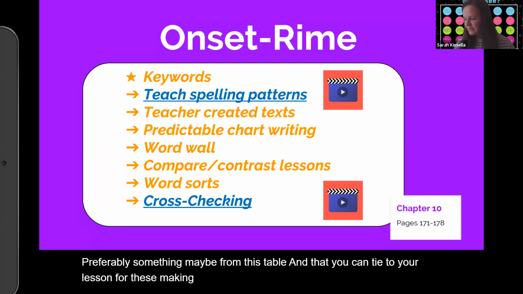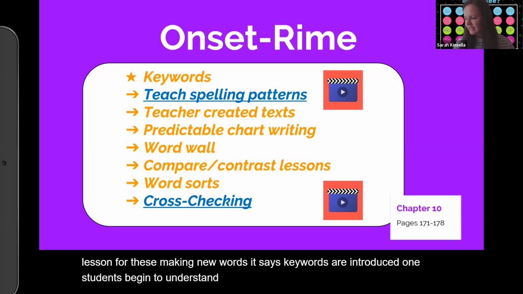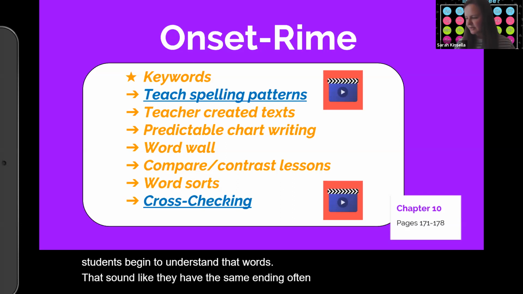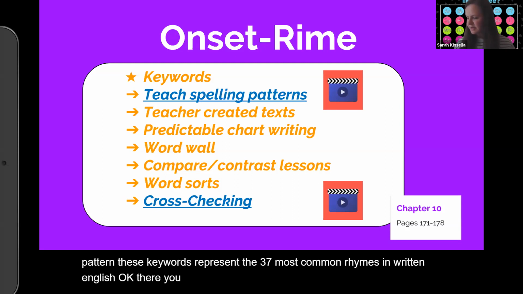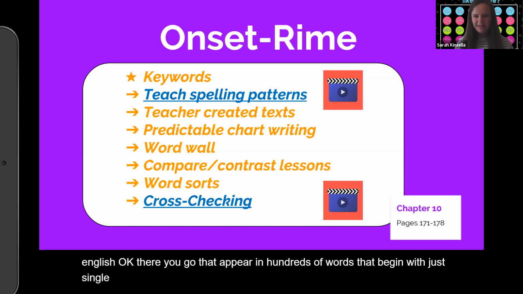It says keywords are introduced once students begin to understand that words that sound like they have the same ending often have the same spelling pattern. These keywords represent the 37 most common rhymes in written English that appear in hundreds of words that begin with just single consonants. So, a lot of bang for your buck there.